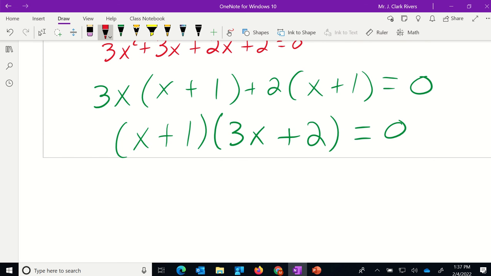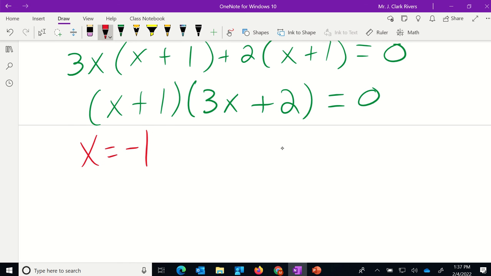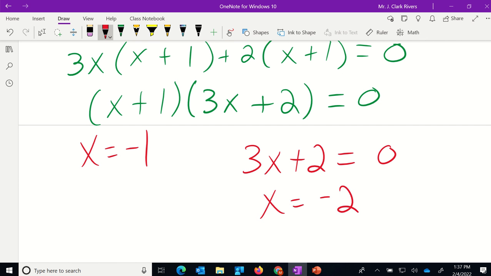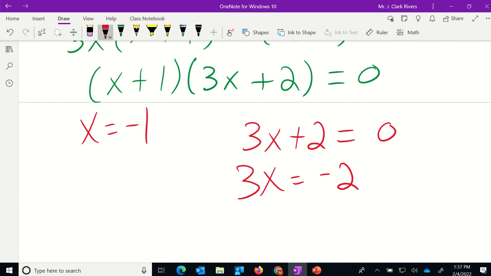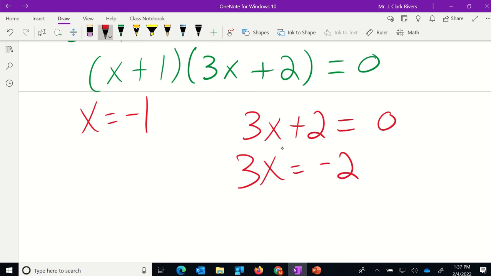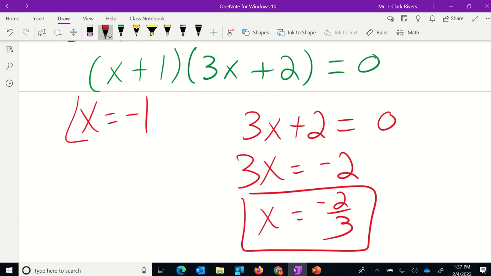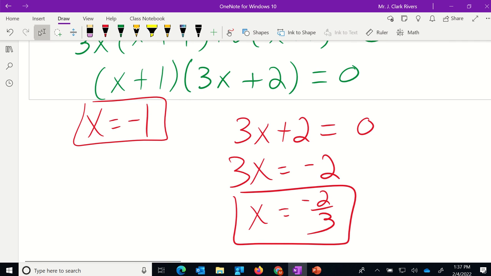So now we know that x plus 1 equals 0 gives x equals negative 1. And then here, 3x plus 2 equals 0, so 3x equals negative 2. We divide both sides by 3, and we get x equals negative 2/3. So x equals negative 2/3, or x equals negative 1.